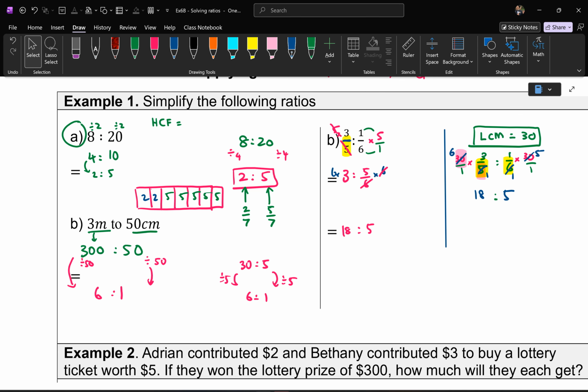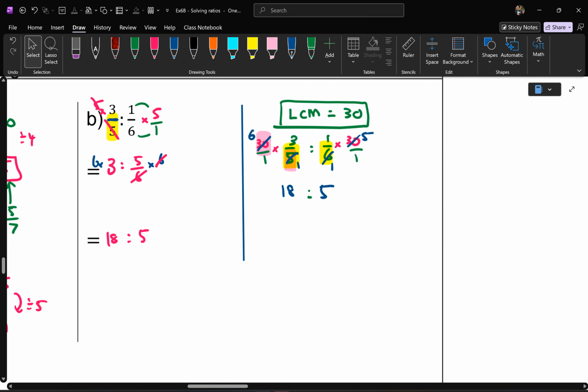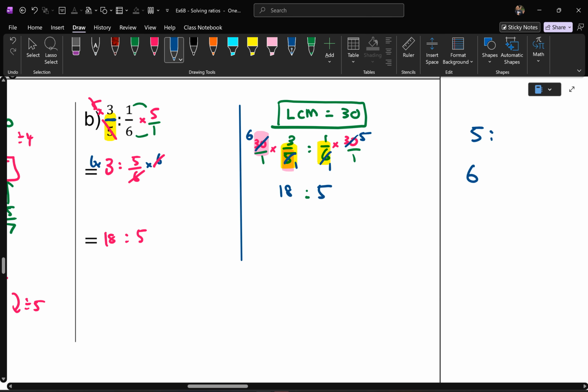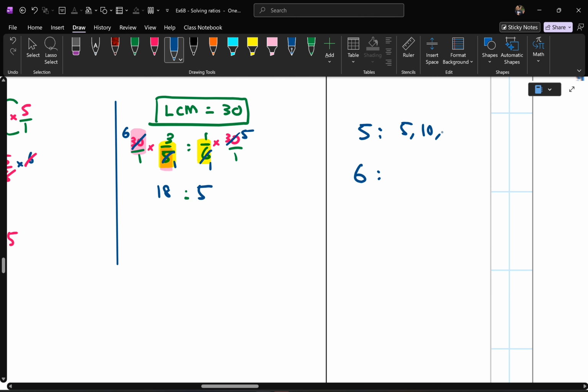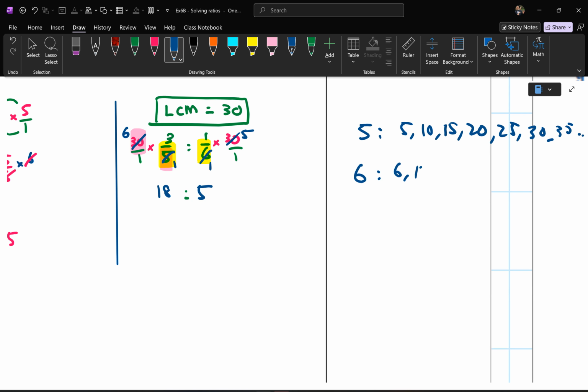How did you get the LCM is 30? Because we looked at the denominators. So you had a 5 and you had 6. And then we look at the multiples of 5 and 6. So we go 5, 10, 15, 20, 25, 30, 35 onwards. Then we look at 6 times table. 6, 12, 18, 24, 30, 36, 42, 48.